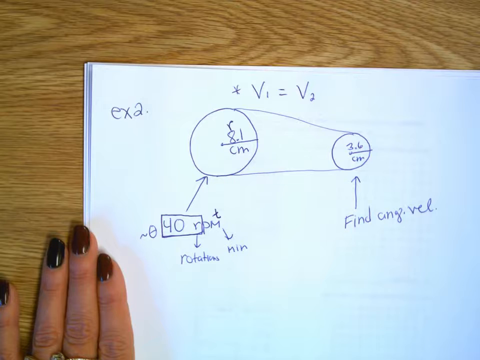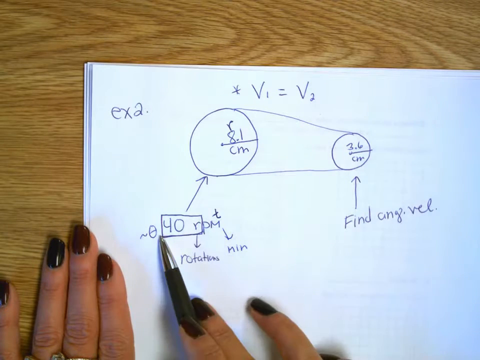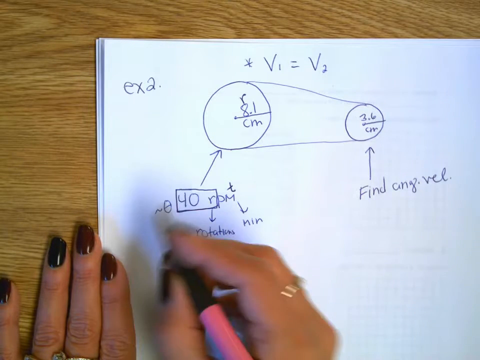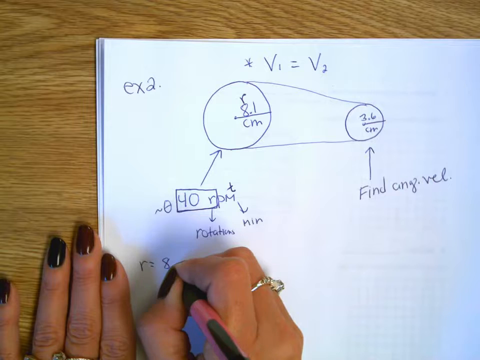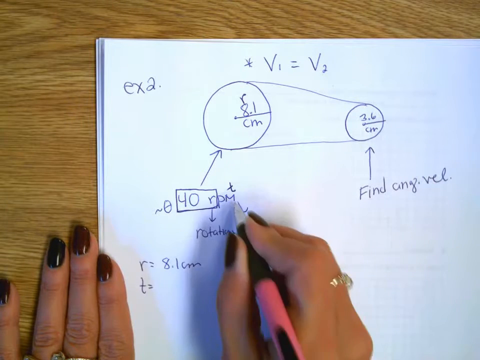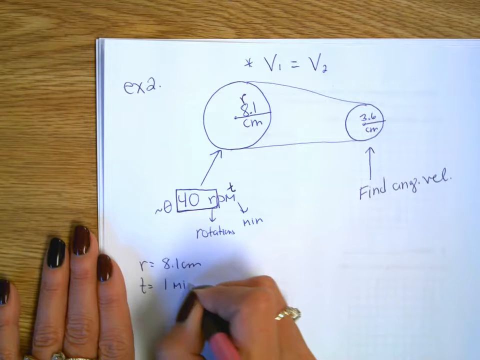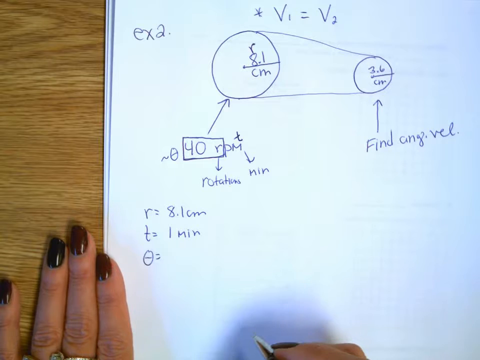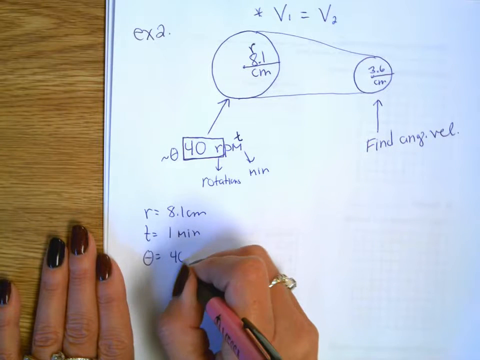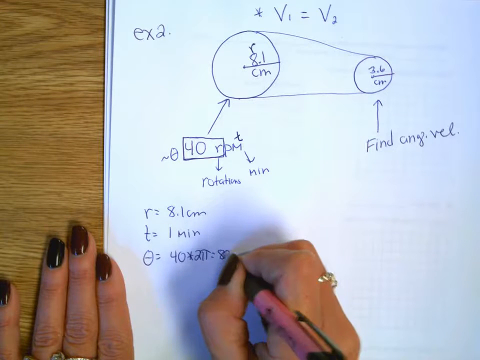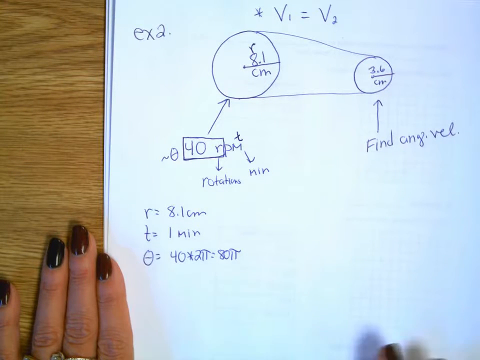So if you've got r, theta, and t, you can find big V. We've got r, we're going to have theta, we have t. So, r is staying 8.1. Time is per minute, so we're going to go with 1 minute. Theta, how do I get theta if I know rotation? Times it by 2 pi. 80 pi.